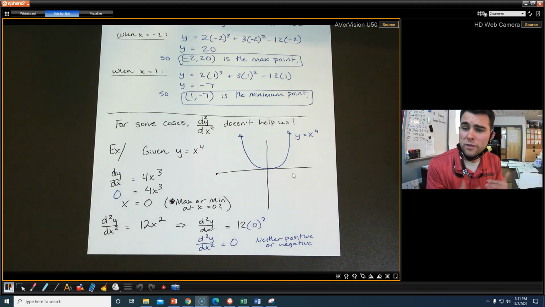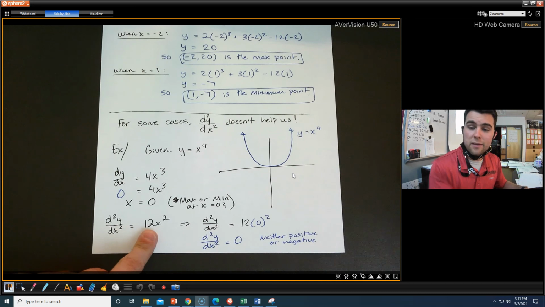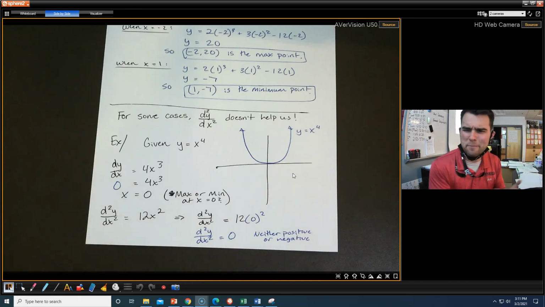So if I know it's a min, just by looking at it, that means when I plug 0 into my double derivative, well, I should get a positive value out of that. That's not the case here. I take the double derivative of this guy, I get 12x squared, plug 0 into that guy, I get 0 equals 0, but it's not positive or negative. It doesn't tell me anything, and it should actually be a positive number because it's a minimum.